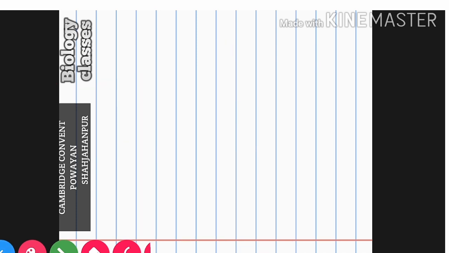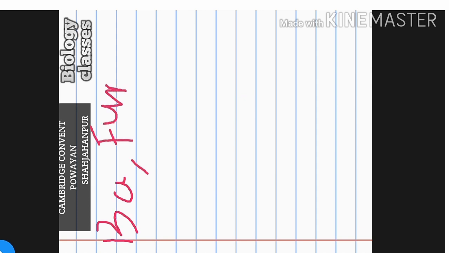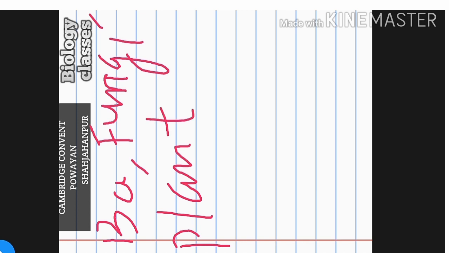So when we isolate the DNA either from bacteria, fungi, or plant, clear?